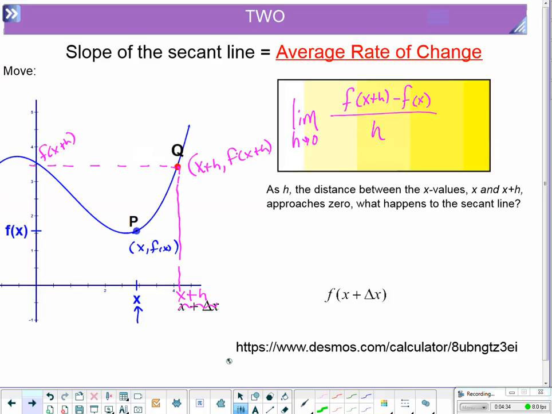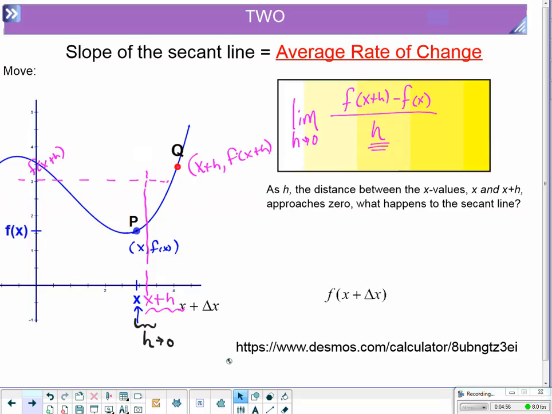I would let this value of h get extremely small. Well, what would that look like on my picture? That's saying that this x plus h is traveling in closer and closer, so that the gap between x and x plus h, that h, is going to 0, or they're getting super close.